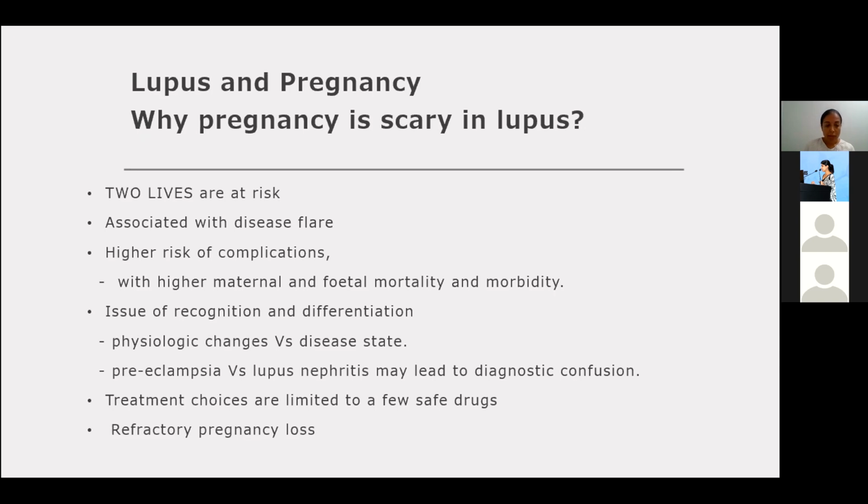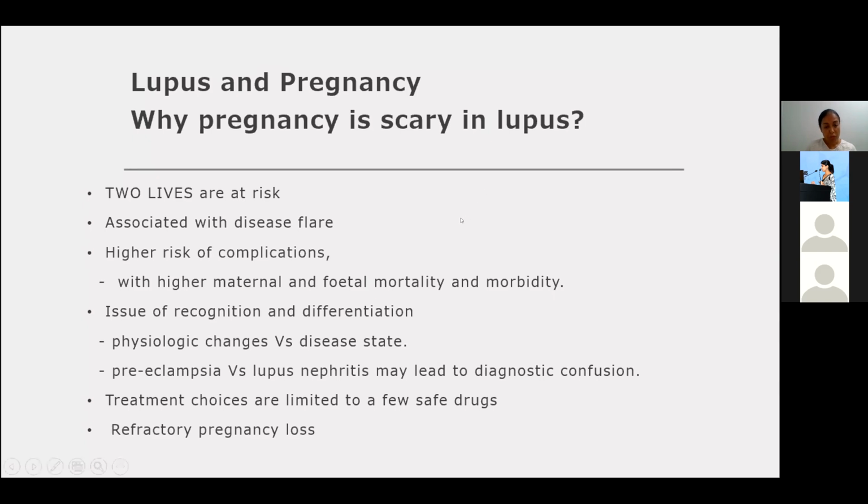And there are issues of recognition and differentiation of normal pregnancy and conditions in lupus. For example, the physiological changes can mimic the disease state. And also, there may be diagnostic confusion between preeclampsia and lupus nephritis.